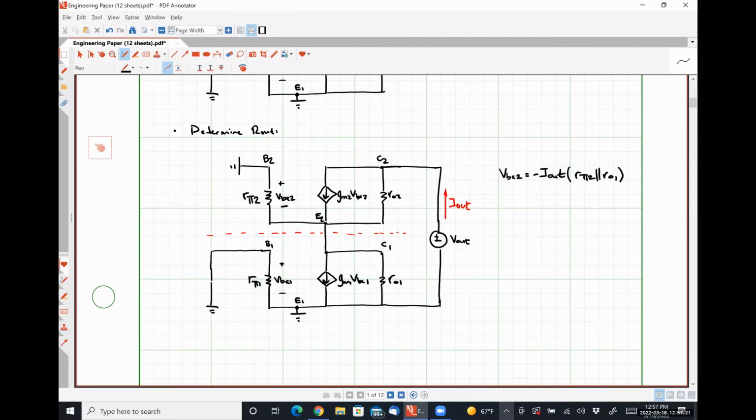Okay. So what we're going to do now is write a KVL equation. V out is equal to the voltage drop over R naught 2 plus the voltage drop over R pi 2 in parallel with R naught 1.